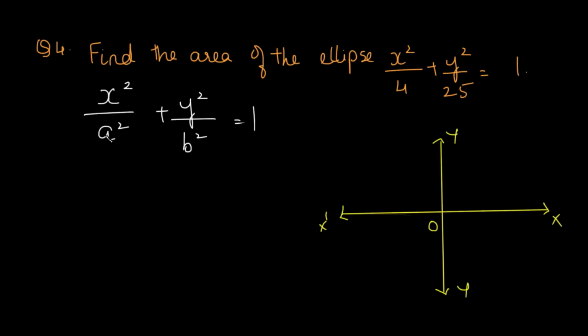And depending upon whether a is greater than b or a is less than b, we have two types of ellipses, the horizontal and the vertical ellipse. Now a is the point where the ellipse touches the x-axis and b is the point where the ellipse touches the y-axis. This way you understand it.